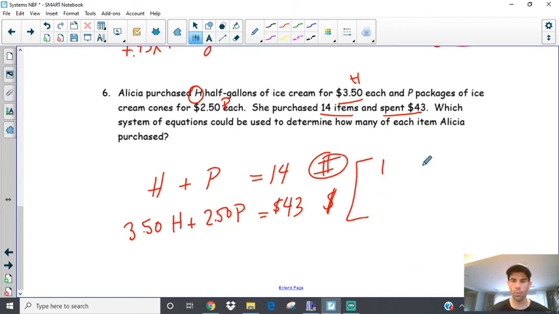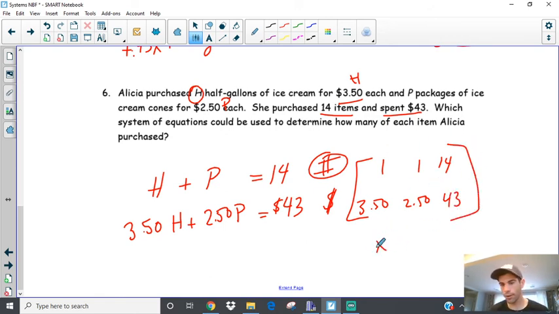And there you go. 1, 1, 14, 350, 250, 43, and there you go there. Throw that into your calculator. You're going to realize that she has 8 half gallons of ice cream and 6 packages of ice cream cones.